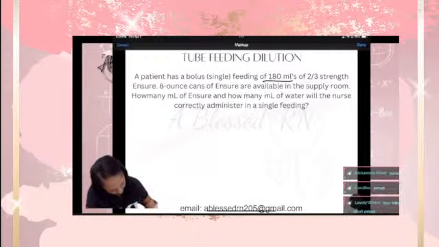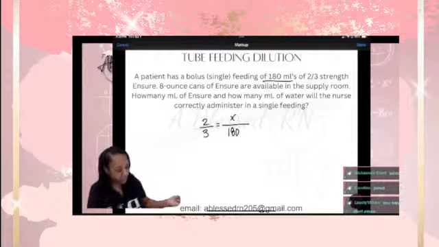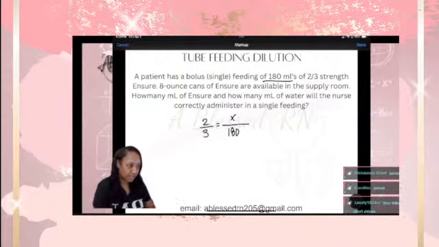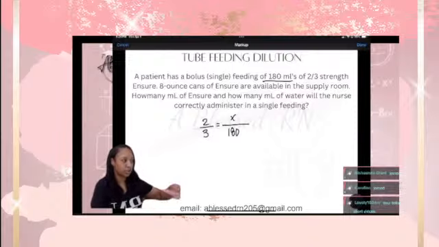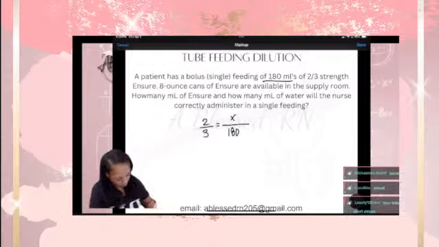So we have 2/3, okay, and then our total amount is 180. We need to figure out X. X is going to be the amount of Ensure because it's going to be 2/3 of the total amount. Okay, so we have to cross multiply.